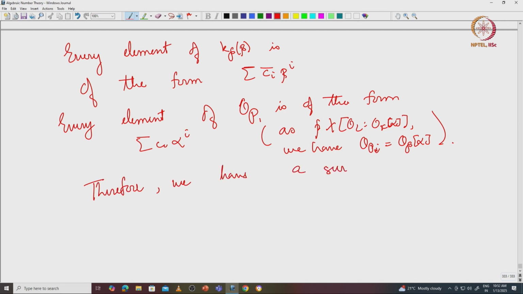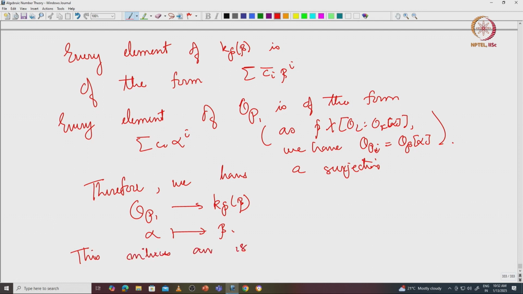Hence, we have a surjection from O_L/P_1 to k_p(beta), where alpha maps to beta, and this induces an isomorphism from k_{P_1} to k_p(beta).